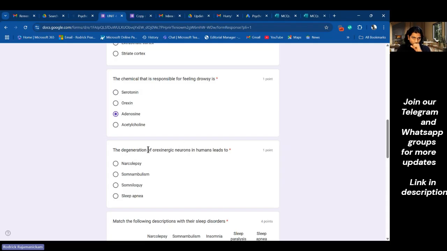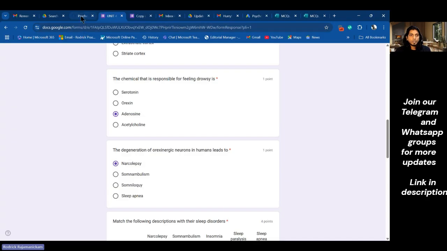When you talk about orexinergic neurons, it is related to falling asleep. So narcolepsy is the inappropriate falling asleep at different times. You feel excessively drowsy, you have sleep attacks. You may also have sleep paralysis, but that is one of the symptoms. Orexinergic neurons are involved in onset of sleep or controlling sleep. So narcolepsy is related to this degeneration in humans.